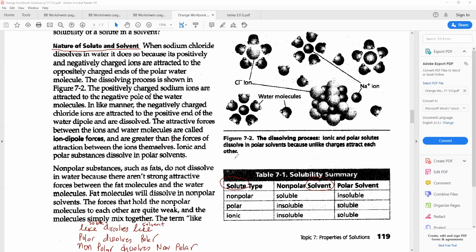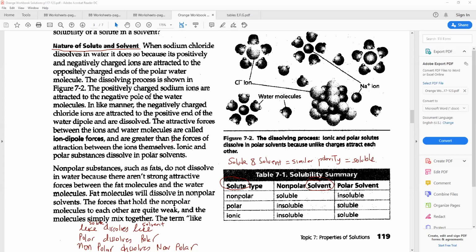What does it mean that they have similar polarity? That means that they are soluble, that one dissolves in the other.